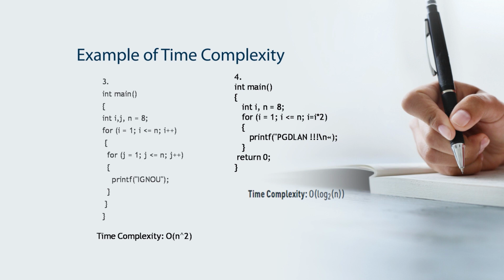I square means if i equal to 1, that is 1 square, if i equal to 2, that is 2 square, then 3 square, then 4 square. So, every time the jump will be higher. If we compare, 2 to the power 0, 2 to the power 1, 2 to the power 2, 2 to the power 3 like this. So, after adding such statements, we can get the log n time complexity.